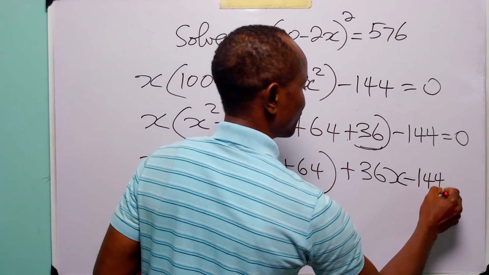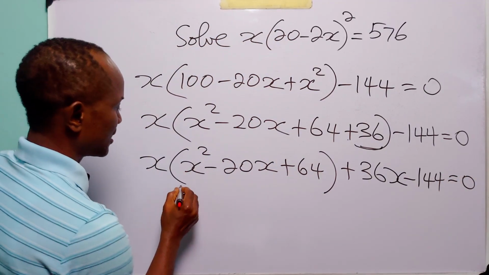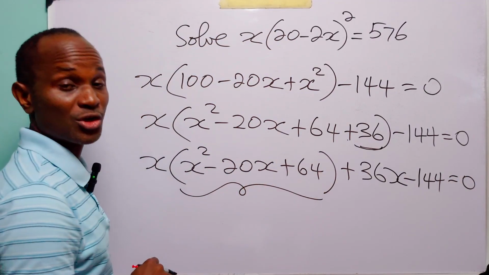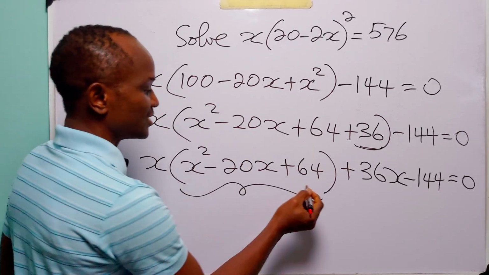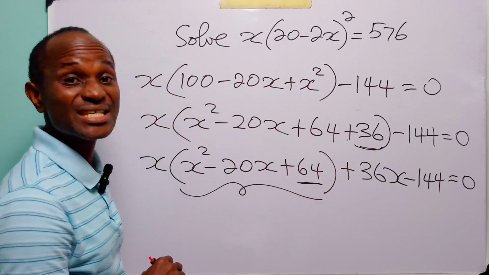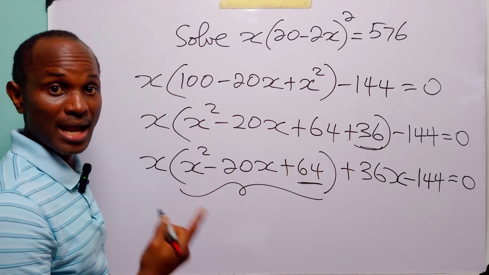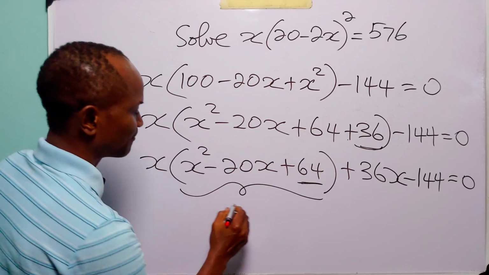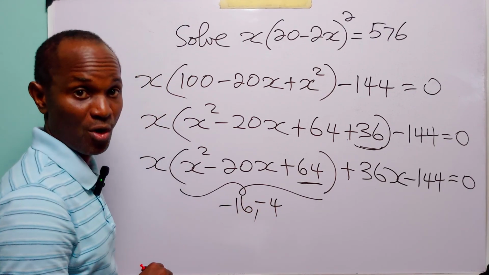Minus 144 is equal to 0. Now, when you look at this quadratic equation, you can see that we can factorize it. All we have to do is to find the factors of 64 that add up to minus 20. And of course, those are going to be minus 16 and minus 4.